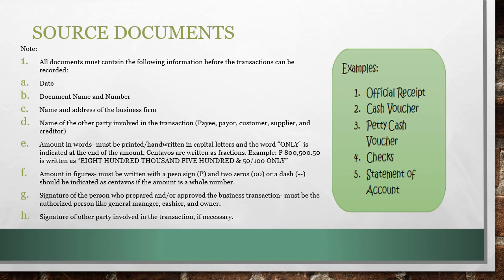One of the characteristics of a business transaction is that it is supported by a genuine source document. So we need to discuss the information or some reminders before a transaction can be recorded. We have A to H there.